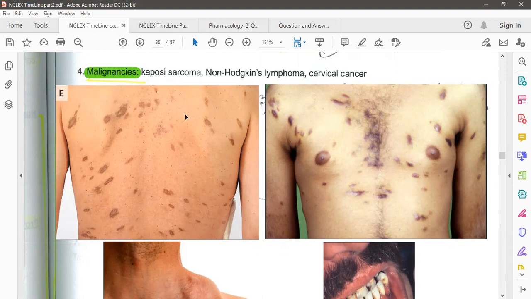In this picture, you can see different cancers because of HIV patient, right? So the first picture, HIV associated skin disease. Second picture here, Kaposi sarcoma because of HIV.